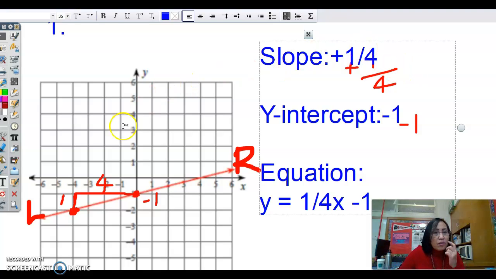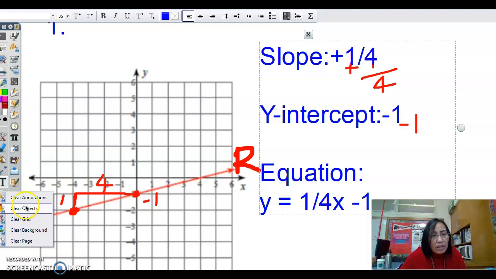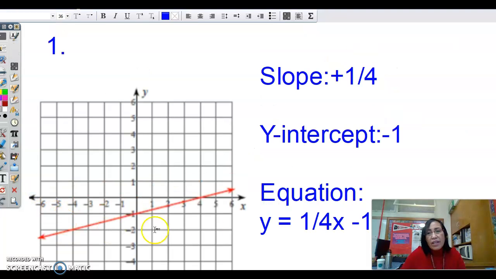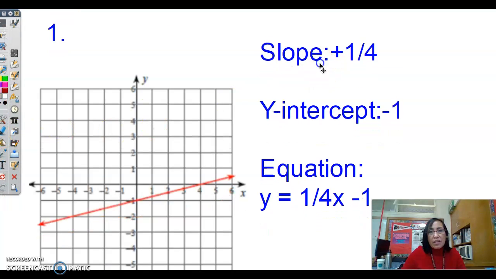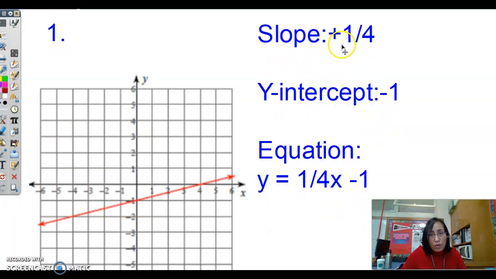I'm going to erase what I was writing because I already typed it in. Now, clear. So I have my answer on number 1. Slope is positive 1/4, my y-intercept is -1, and my equation is y equals slope times x and then the y-intercept. That's number 1. I'm done.